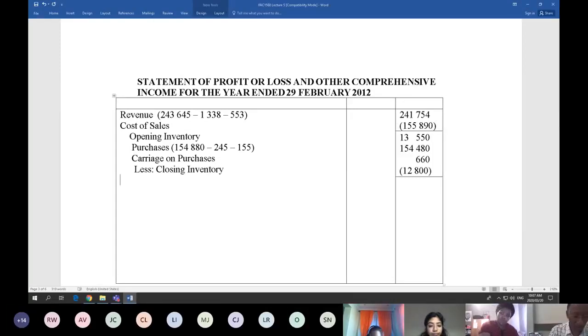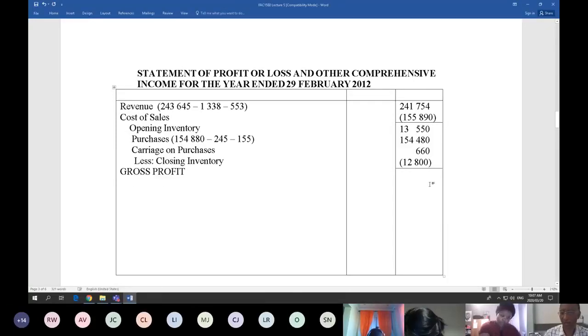And that will give you then your gross profit. And your gross profit is then the revenue minus your cost of sales.